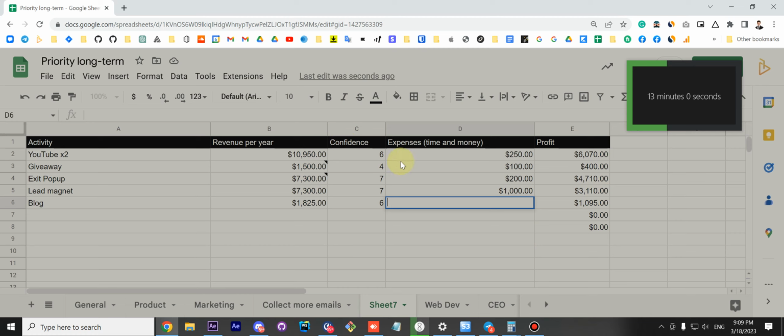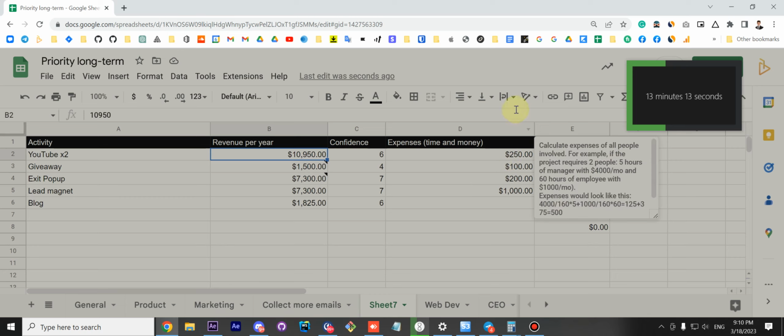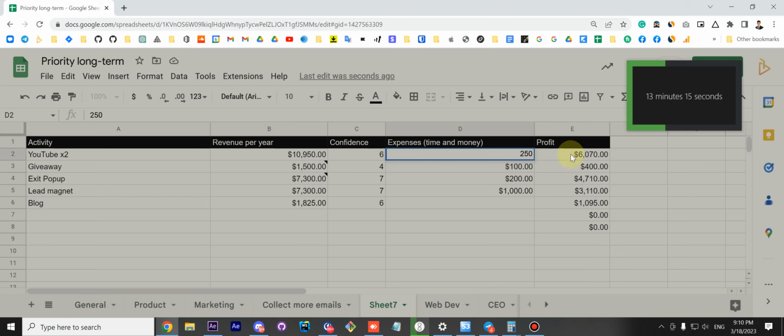Oh, by the way, expenses, I changed the calculation to yearly here, but I didn't change the expenses on a regular basis. So in this case, if you're spending $250 per week, that's 52 weeks.